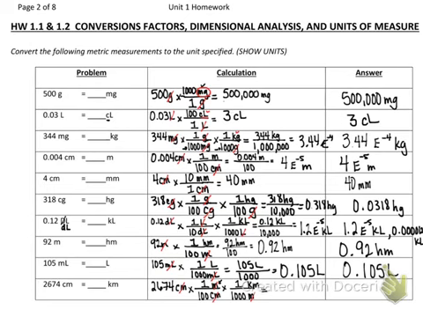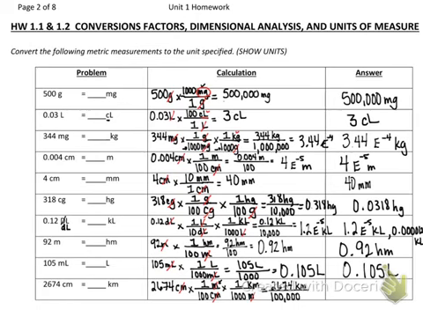So again, we have 2,674 kilometers, because we multiplied all of our numerators, over, and now we're going to take 100 times 1,000, and that's going to give us 100,000.